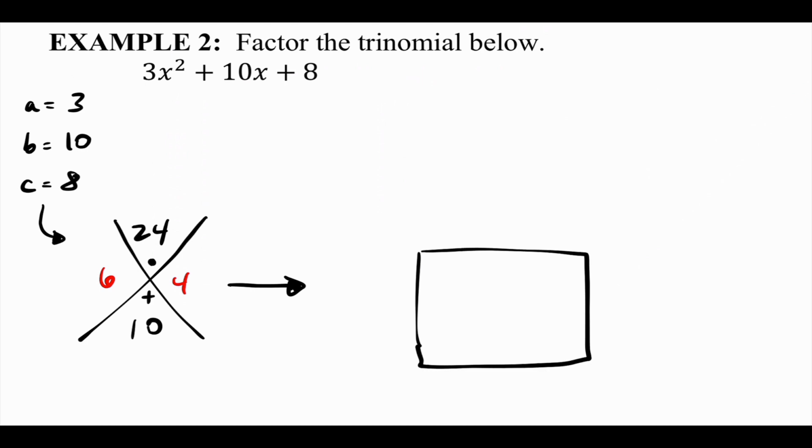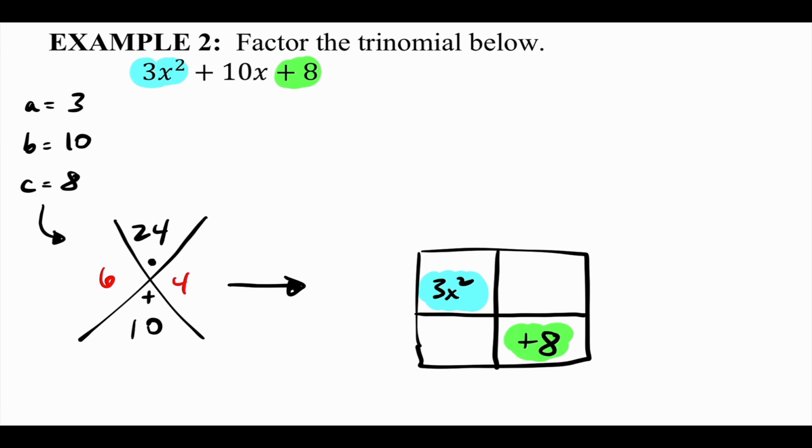I need 4 sections on my table. The first term was 3x squared. That goes in the first box. The last term was positive 8. That goes in the last section.